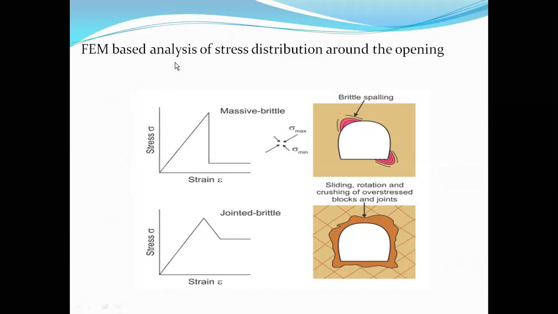Given those properties as an input, we are able to predict how exactly the stress redistribution takes place around the opening. Using finite element analysis is a bit more advanced topic, but I feel it is worth discussing here because we are discussing rock burst and coal bumps.